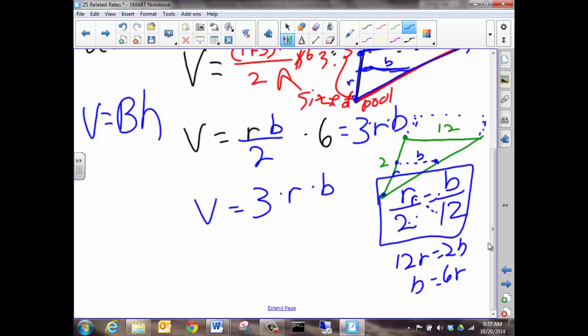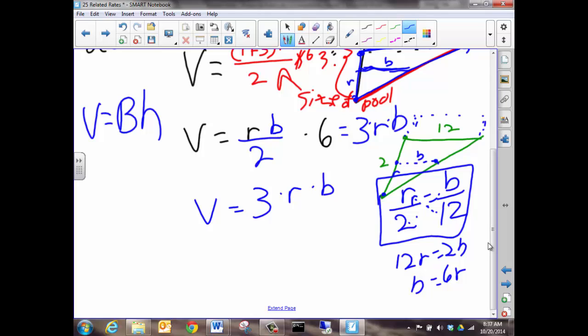Okay? Okay, can we put R equals 1 in here now? If we put R equals 1 in here, we need to put R equals 1 in this one also, right? And if we put R equals 1 into both of them, do we have any variables left? And so when we take the derivative, what do we get? 0. So the pool's not filling up. We're pouring water in, but the water level's not rising?